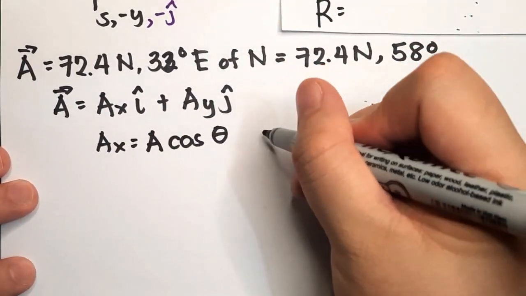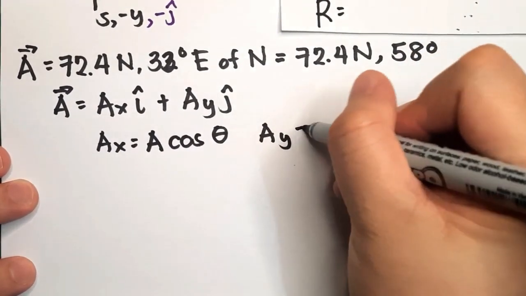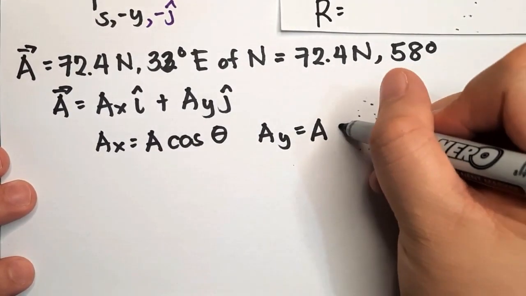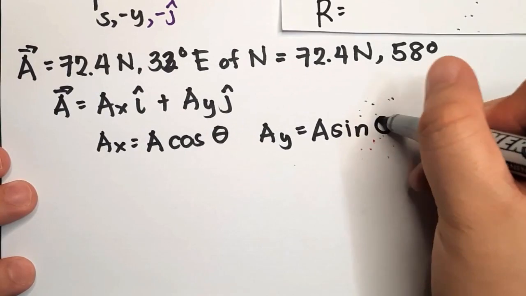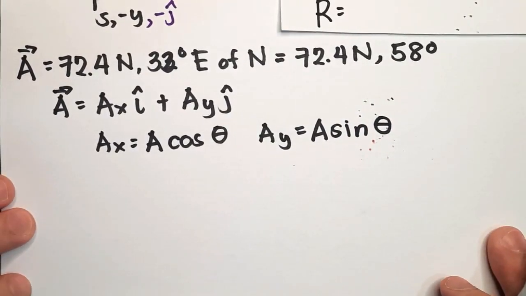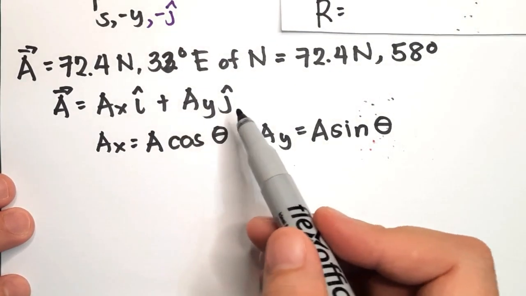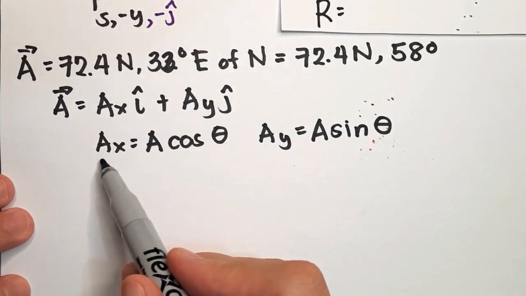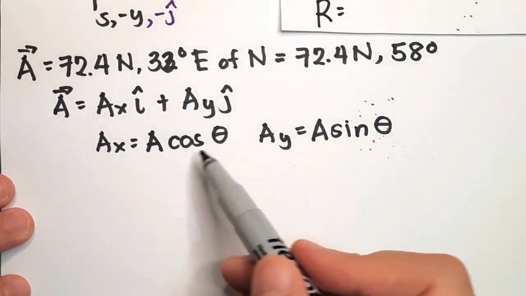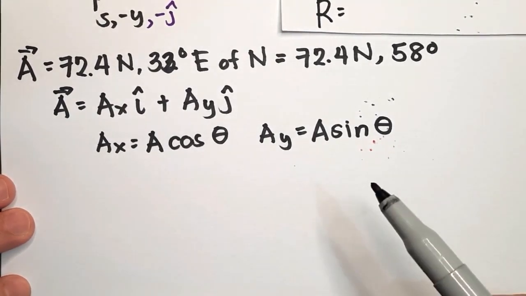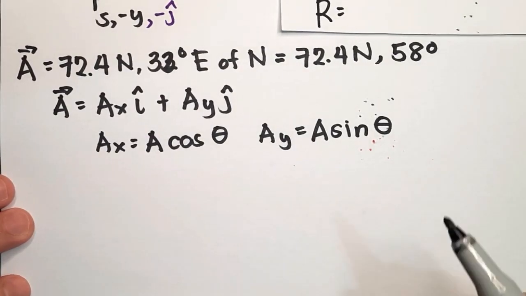While AY is equal to the magnitude of A times sine of the angle. Again, these are the general forms. So if this is a B vector, it will be BX I hat plus BY J hat, where BX is equal to B cosine theta and BY is equal to B sine theta, or any letters. Okay, so this is the general form.